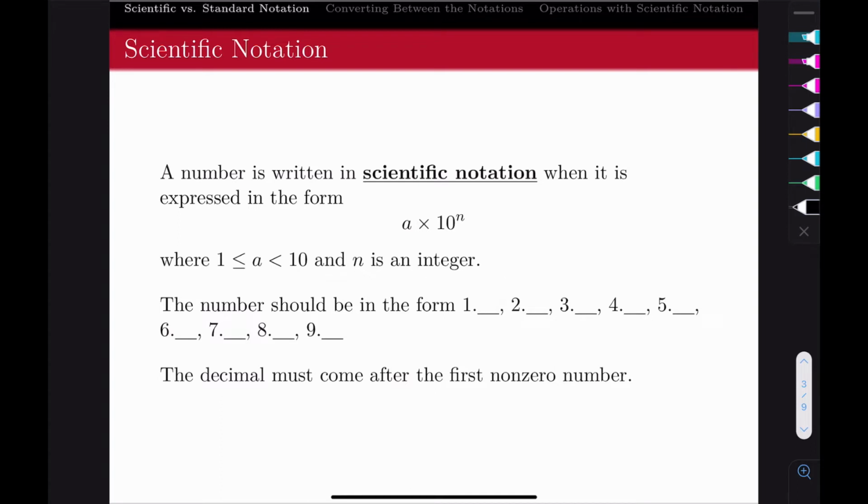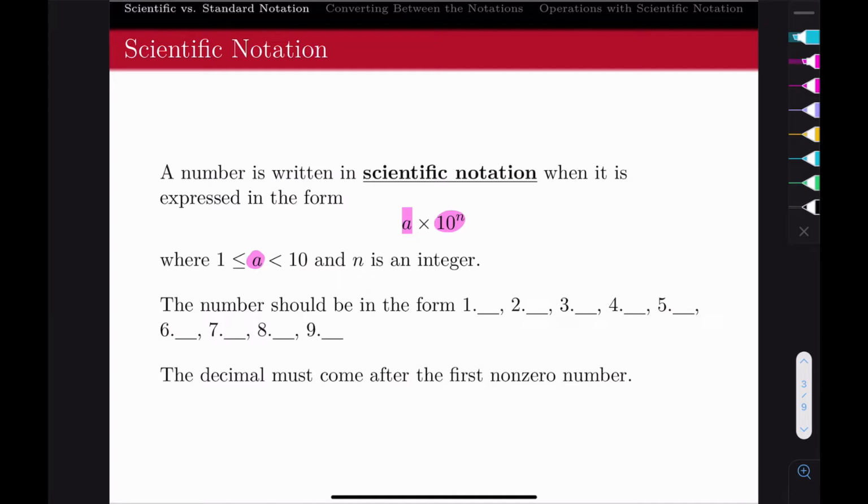So scientific notation has a very specific form where it's some number times 10 to a power. But that number has to be something that starts with a 1 or some number between that and 9. So I'm not going to have 10 point something. I'm not going to have 0 point something.